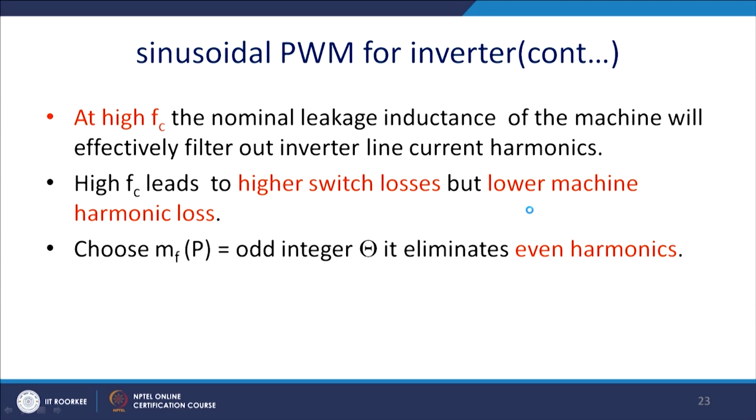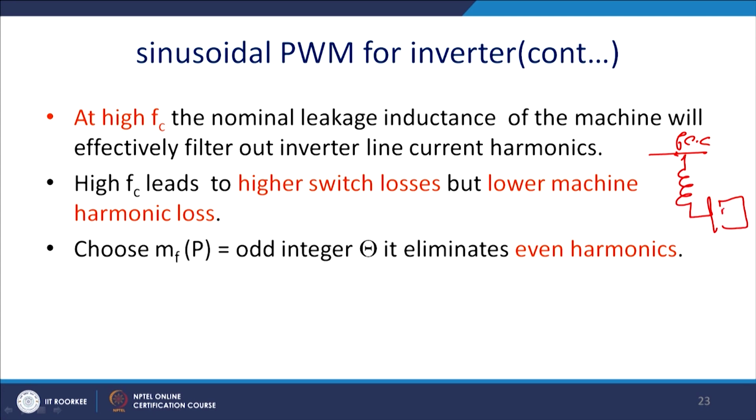So, what are the takeaways or advantages of PWM? PWM is very simple to implement. The high frequency content, along with the leakage inductance of the machine, will effectively be filtered out, and thus the inverter current is smooth. In the case of STATCOM or FACTS applications, generally we connect the pole of the inverter to the point of common coupling with an inductor.